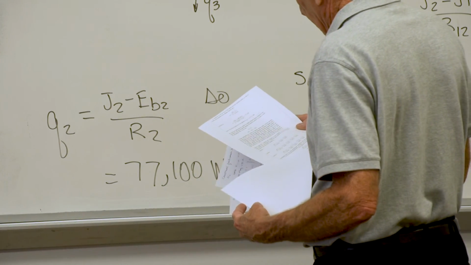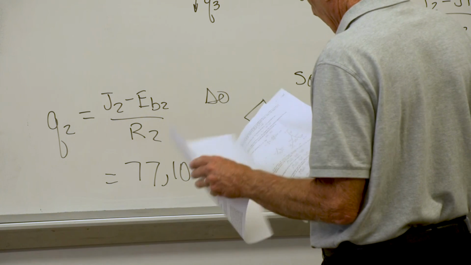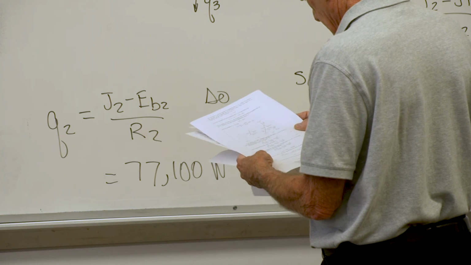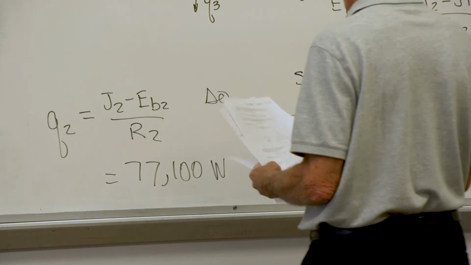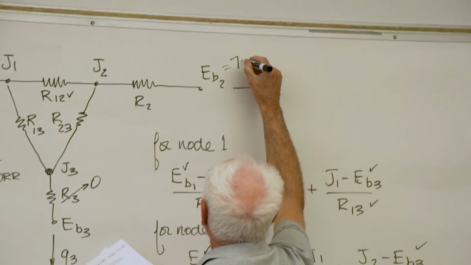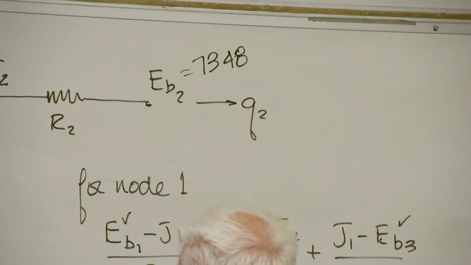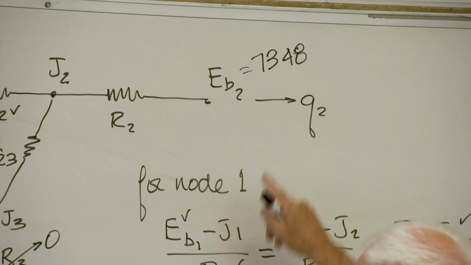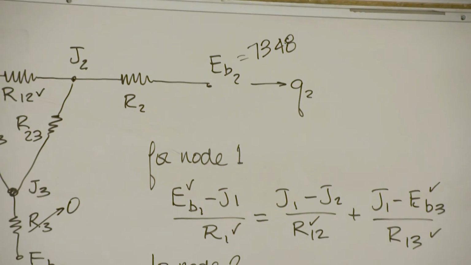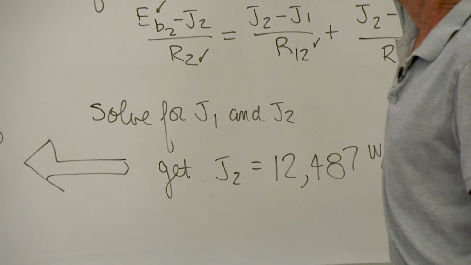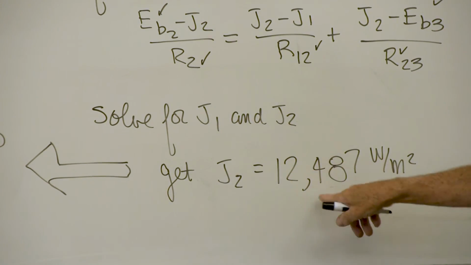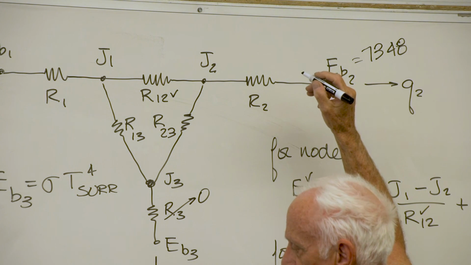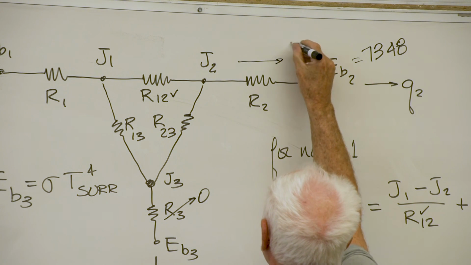EB2, 7348. Okay, ask yourself, what's bigger, EB2 or J2? J2's bigger, 12,500 versus 7,400. So that's why I put J2 first here. J2 is bigger. Here's Q2.